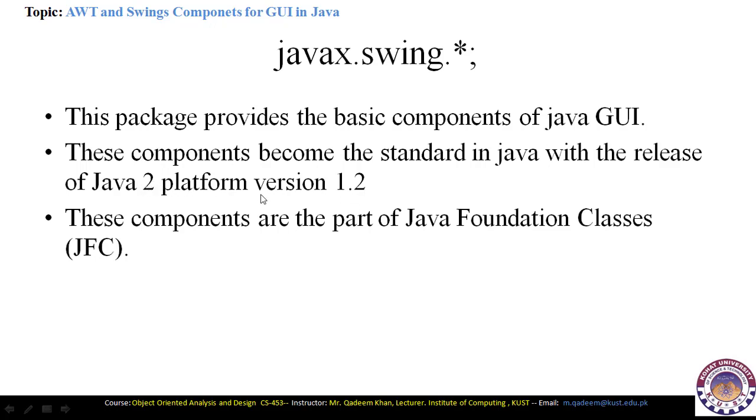So if you have a higher JDK, that means that you may be able to use more components of javax.swing. So I will use here version 1.8 of the JDK, which is also Java platform 2. So this will be very useful for us.